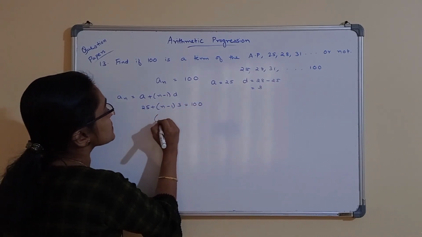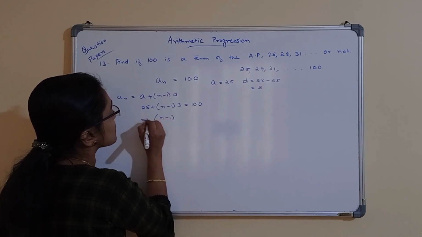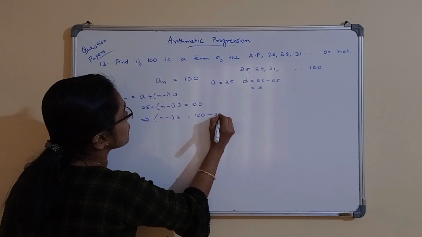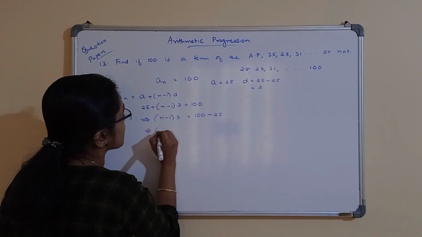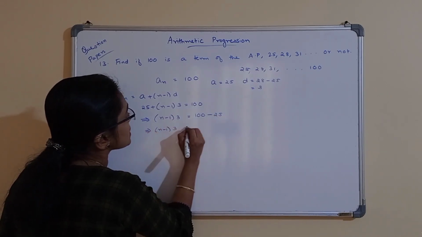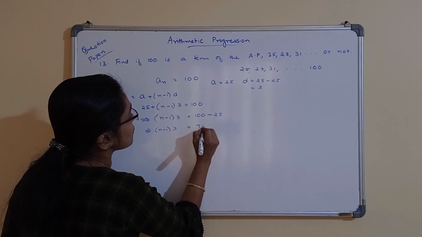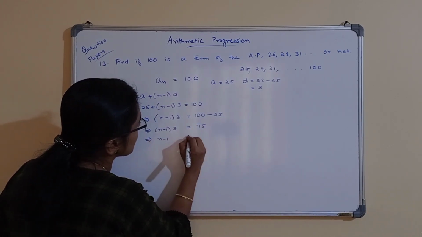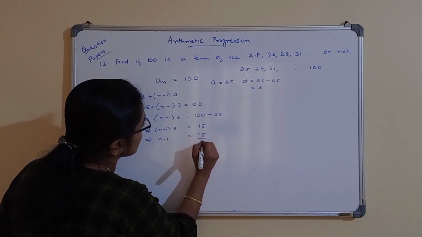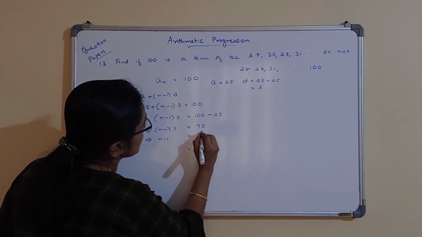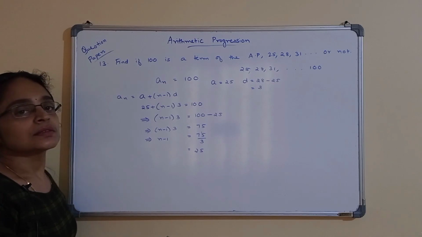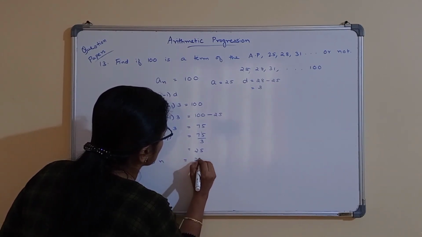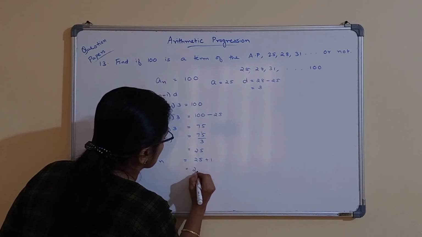This implies n minus 1 into 3 equal to 100 minus 25, which is 75. So n minus 1 equals 75 by 3, which is equal to 25. So n is equal to 25 plus 1, which is equal to 26.